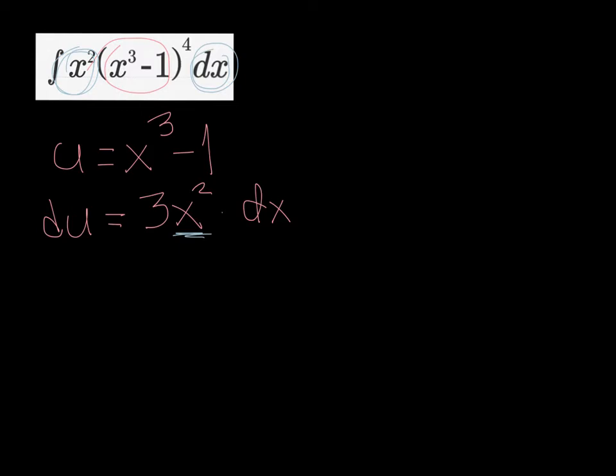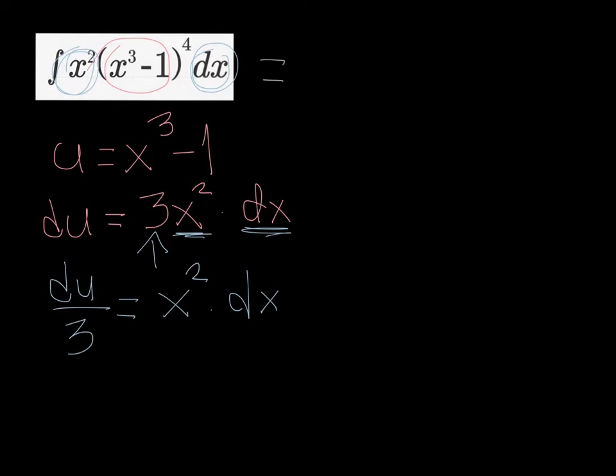We almost have x squared times dx, but we have a 3 that is not part of the original integral. So what we do, and it is possible to do, is we divide both sides of the du equation by 3. So if we divide both sides by 3, we obtain x squared times dx. That is exactly what we have to obtain at the beginning.